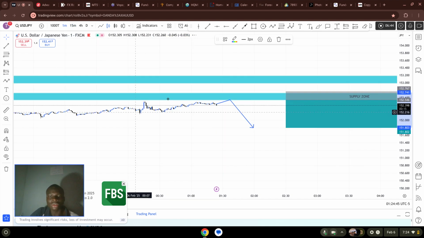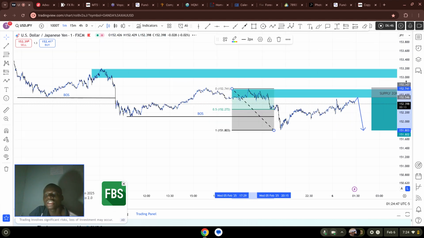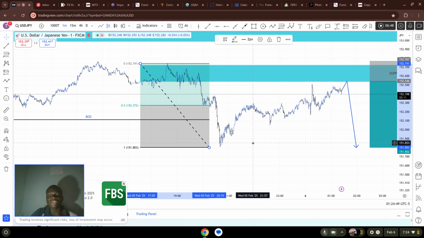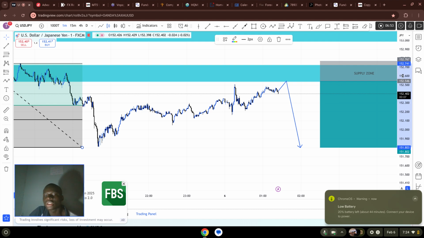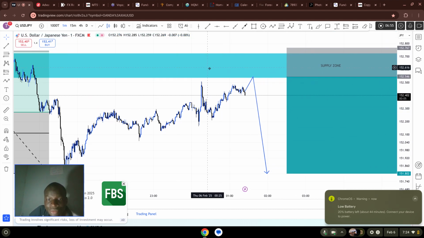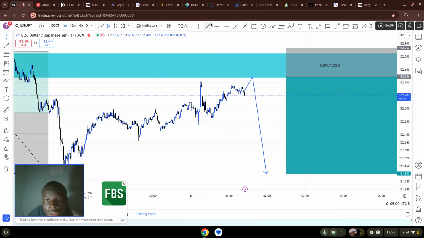Anything we are anticipating, we're just looking for a change of character on the 1-minute time frame. As you can see, we already have a change of character on the 1-minute time frame. So expect the market to pull back to this point.